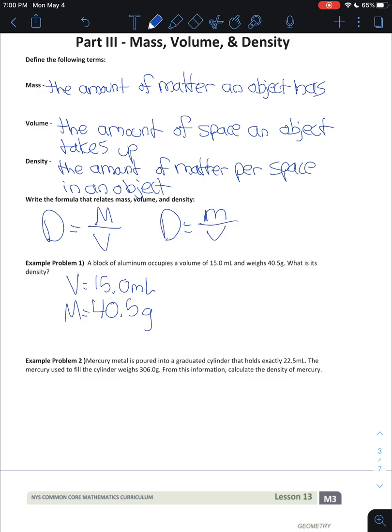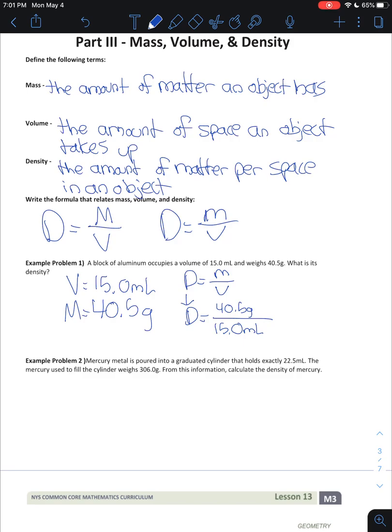What is our D? So all we do is we just set up our formula. Density equals mass over volume. So we just bring the D down. We don't have anything for that. That's our variable, what we're solving for. Mass, we know, is 40.5 grams. And our volume is 15.0 milliliters.